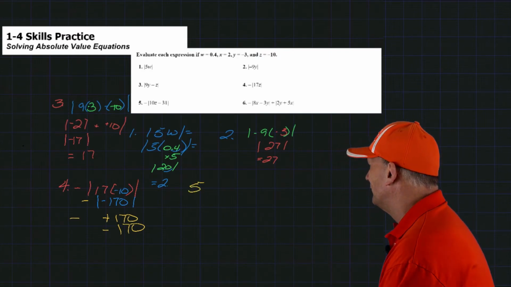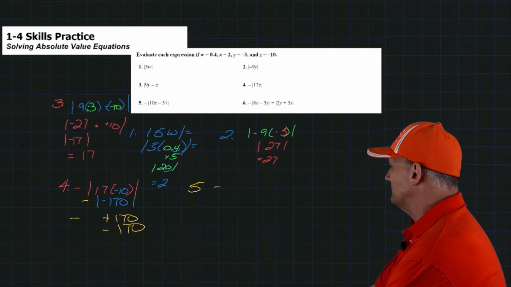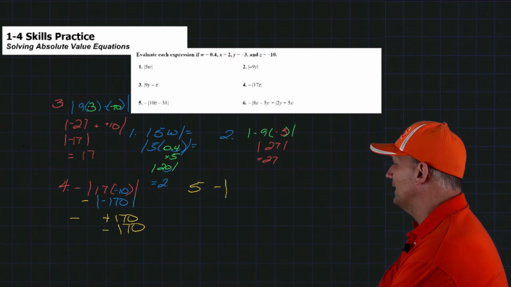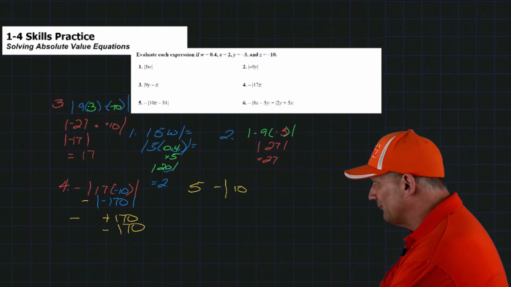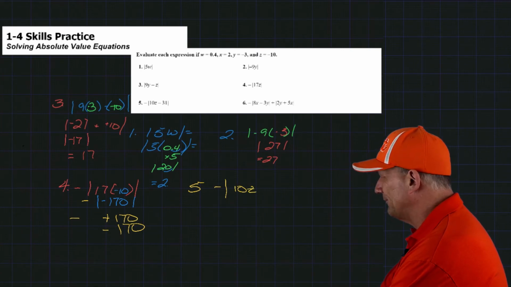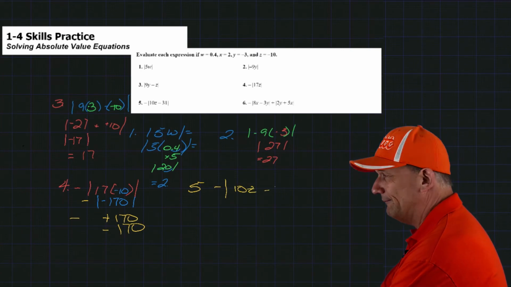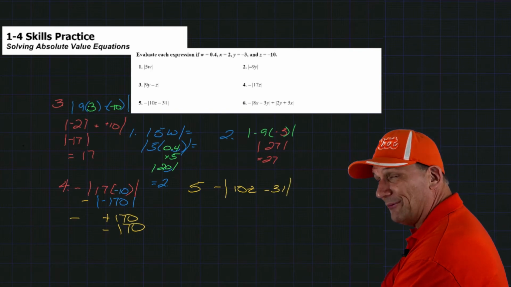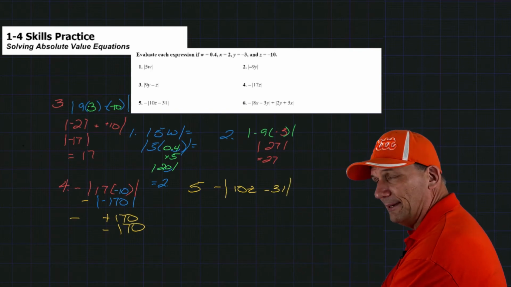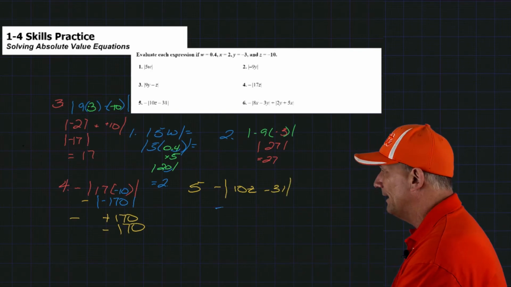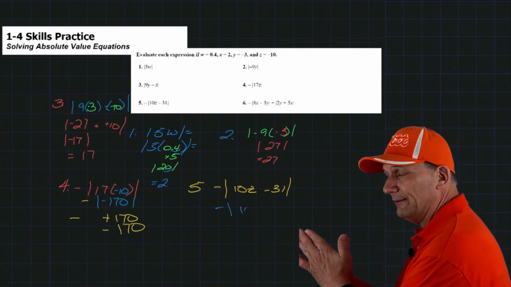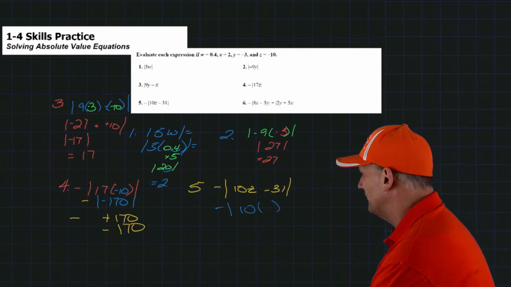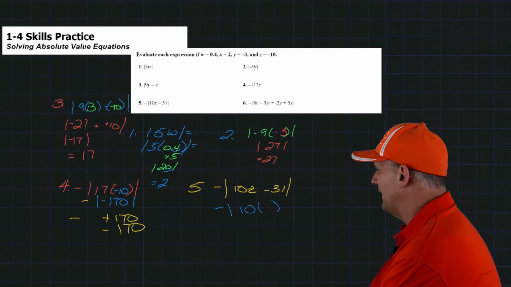Okay, so number 4, there it is, 17 times negative 10, which is a negative 170. It's inside the absolute value bracket, so it's a positive 170, but the negative sign outside ultimately makes that answer negative 170, not because of what's inside, only because the negative is outside. All right, number 5.